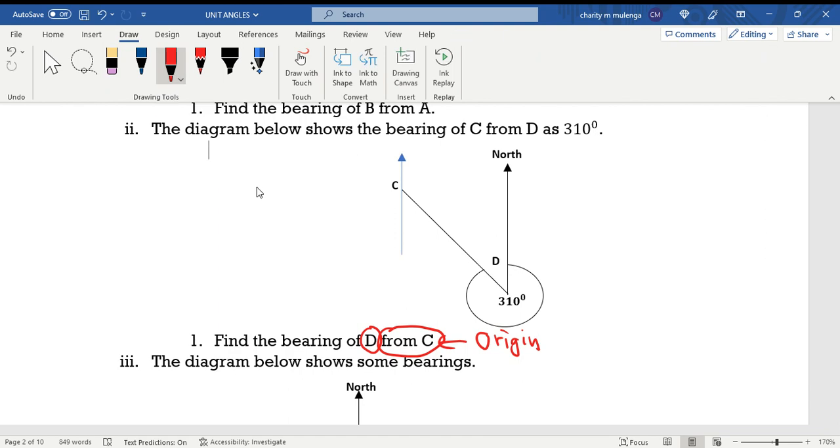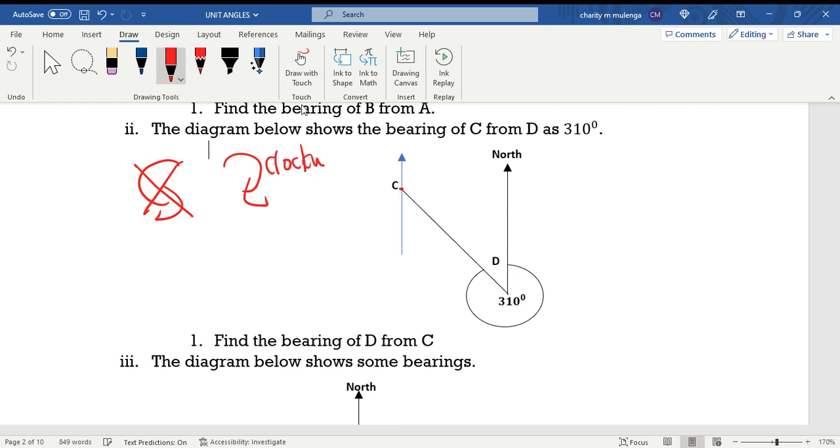Have you seen that? We have sketched a north at the starting point C, at the origin. Which one is the origin or starting point and which one is the destination? So it means we're going to rotate from C going to D now. So let's rotate. You always move in a clockwise direction.